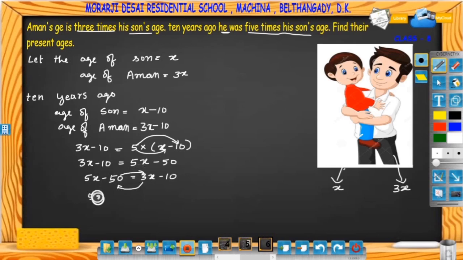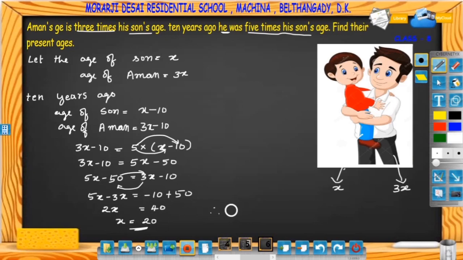So 5x minus 3x is equal to minus 10 plus 50. That is 2x is equal to 40. x is equal to 40 by 2, that is 20.